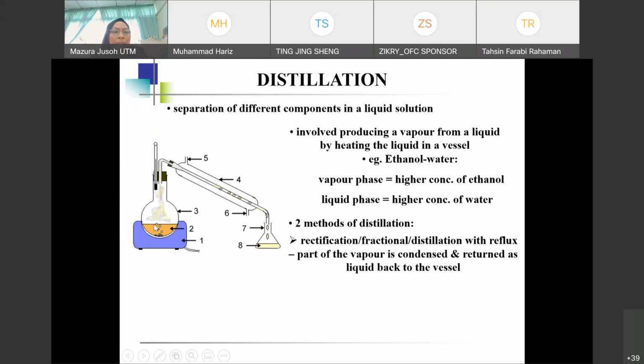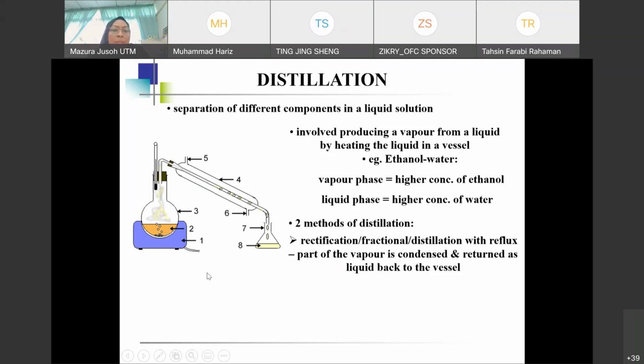So if you have, let's say, fruit juice, you heat it up until the boiling point of water. Water will come out here as vapor, and it will be condensed, and you can collect the water here. It's actually quite pure. Then you will be left behind with a more concentrated solution here, because the water component is lesser than where it started from.